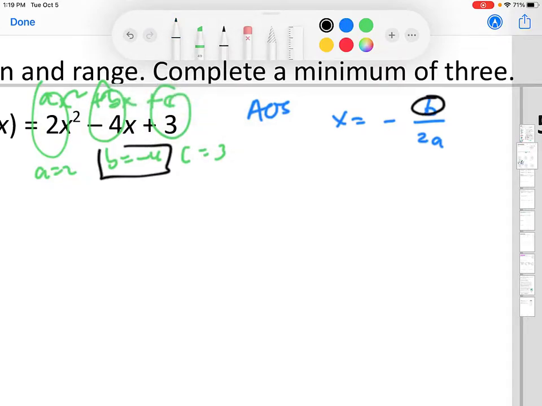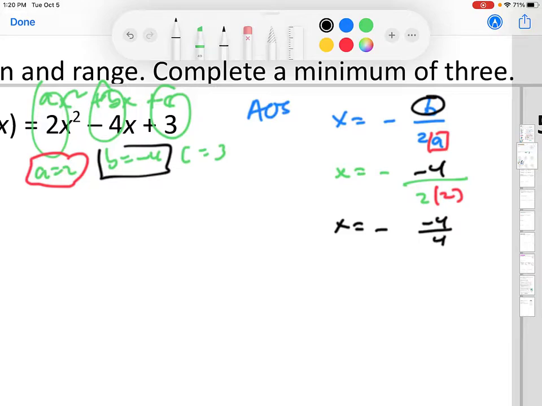Negative 4 goes here. And then a is 2. So we're going to get negative 4 over 4. Negative 4 divided by positive 4 is negative 1. The opposite of negative 1 is positive 1.